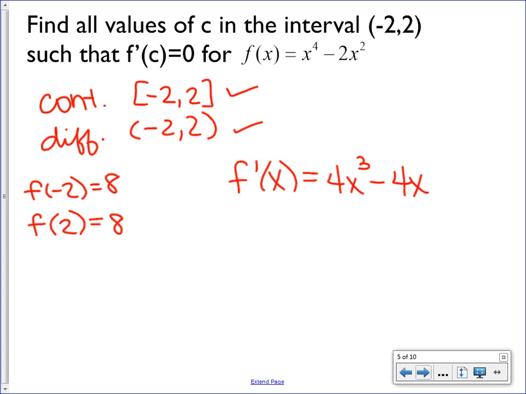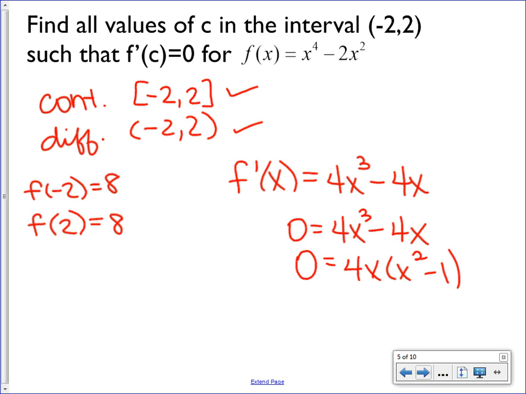Okay, and we're concerned about where our derivative is 0. How do we solve that? You can factor out 4x and then it's a difference of squares. Okay. So what do we have? 0, 1, and -1, which conveniently, all three of those fall in my interval.